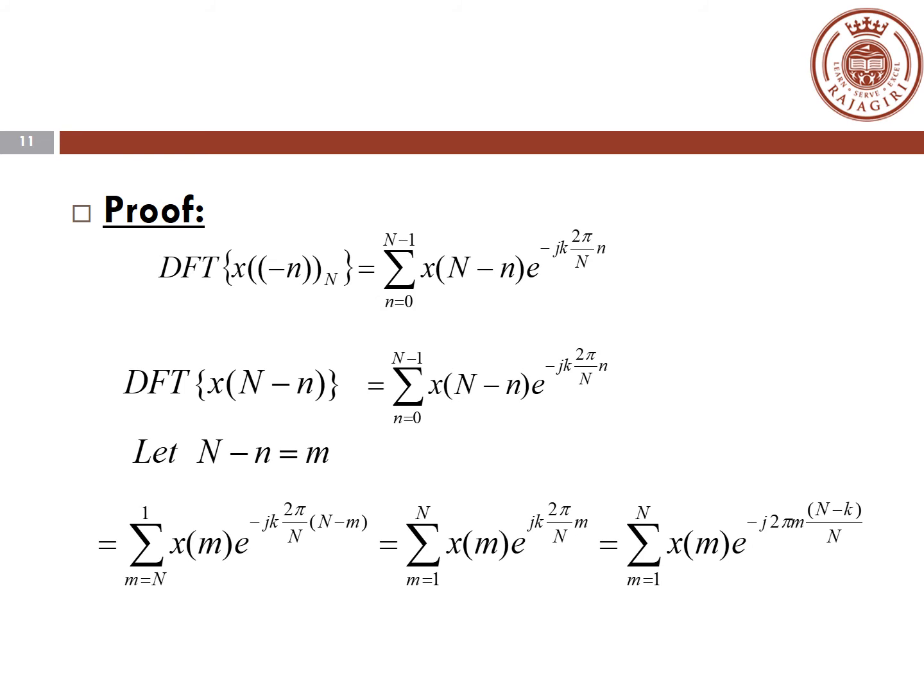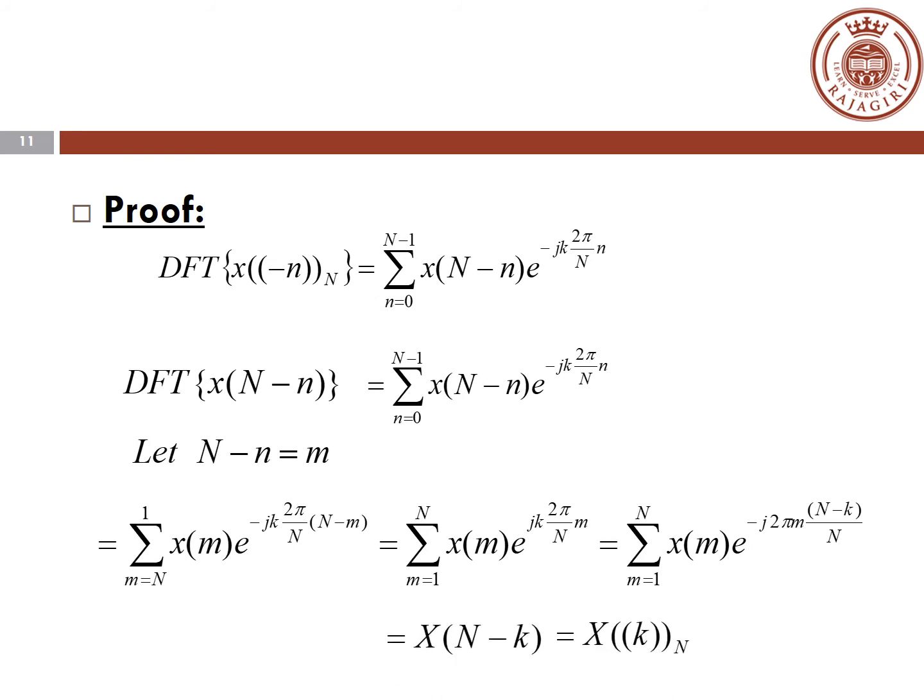Now this is one important step that you have to write: e raised to minus j 2 pi by N, where k is written as N minus k. This is not going to do any harm to the equation because inserting a capital N is just taking it as a factor of one there. So it's just rephrasing k into N minus k.